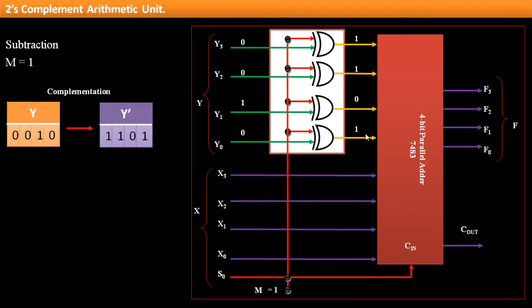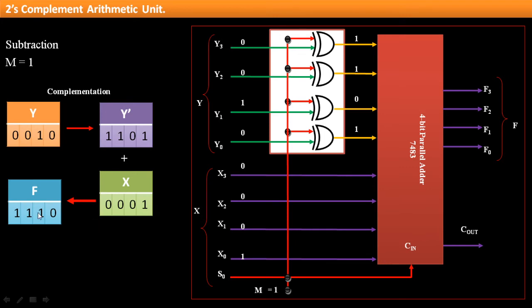So now this will get added with the provided input at the x. So now x is having 0, 0, 0, 1, and now it will get added to this, and we will get 1110. So at the output we'll get 1110 plus 1, which is available here, which is nothing but 4 ones, that is 1, 1, 1, 1, and Cout will be 0.